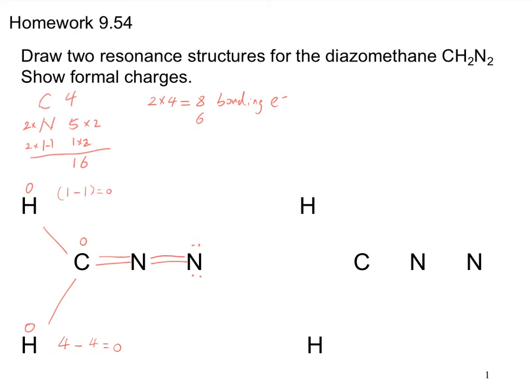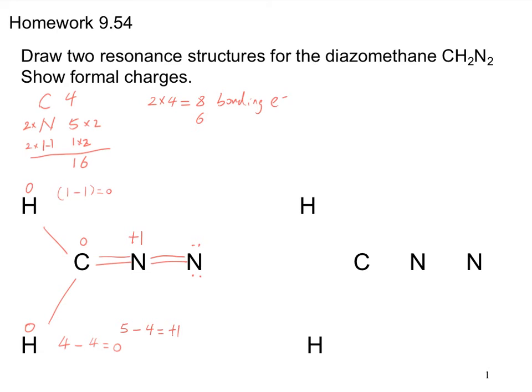And for the central nitrogen, the formal charge is 5 valence electrons from the neutral nitrogen atom minus 4 bonds, no lone pairs, which is plus 1. So the formal charge for the central nitrogen is plus 1.